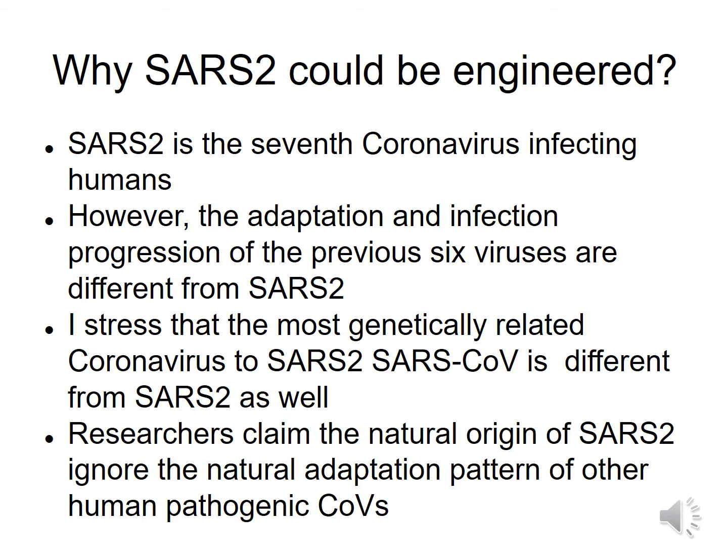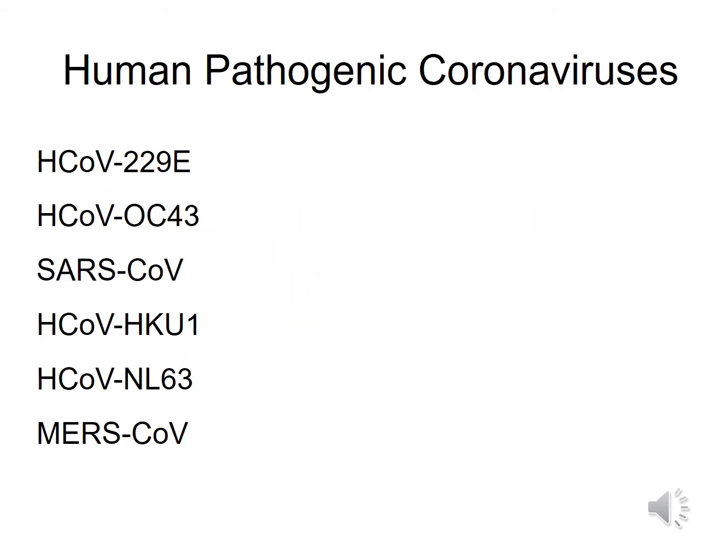But the researchers claim the natural origin of the SARS-2 virus and ignore the rest of the coronaviruses. But even if you look at the SARS coronaviruses, their assessment is very weak, very baseless, in my opinion. So we're going to understand that more in depth.